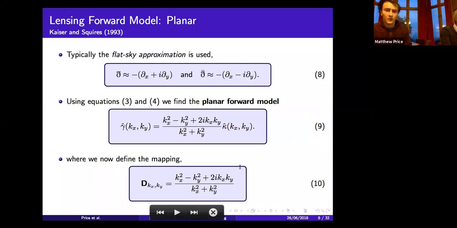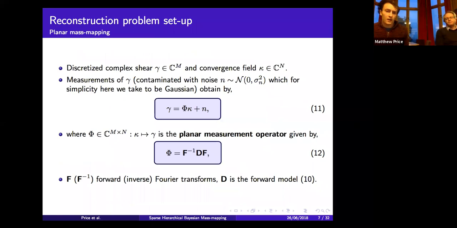Okay, so how does this help us? You can set up mock observations, like the model through which you would actually observe shear fields. So given some underlying convergence field kappa and some additive noise n, which we take just for simplicity here to be IID Gaussian noise, then you get equation 11, which is just how you actually make observations of the shearing field and how that's related to some underlying convergence.